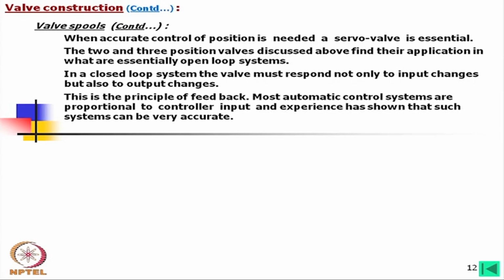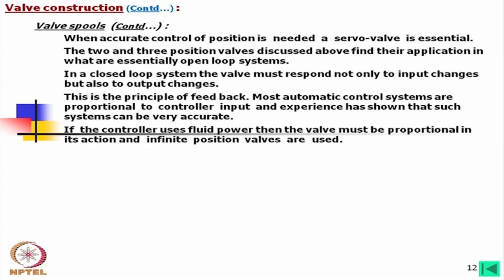Most automatic control systems are proportional to controller input, and experience has shown that such systems can be very accurate. In the controller, if the controller uses fluid power, then the valve must be proportional in its action, and infinite position valves are used.